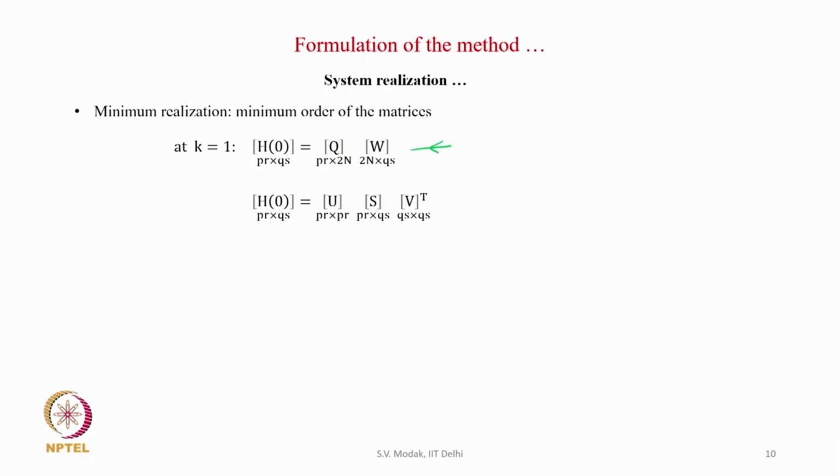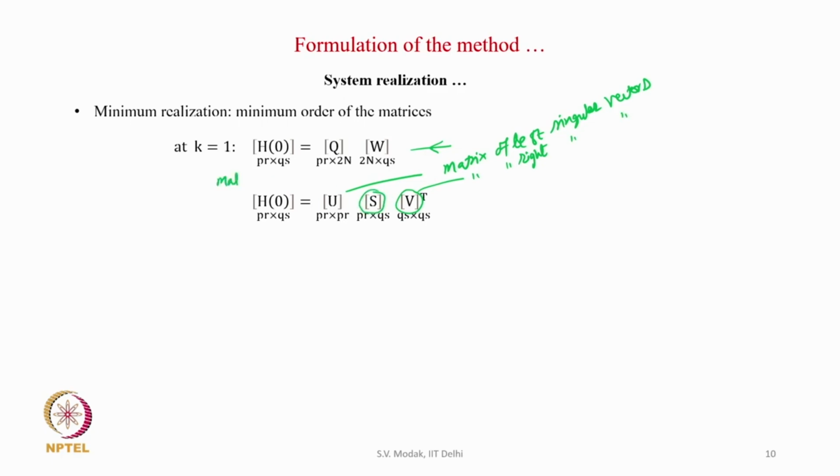You can see earlier we have studied what is singular value decomposition. Here U is a matrix of left singular vectors, V is a matrix of right singular vectors, and S is a matrix of singular values.